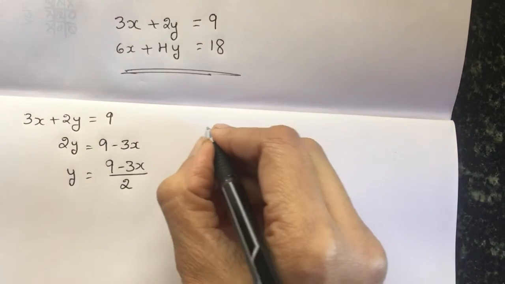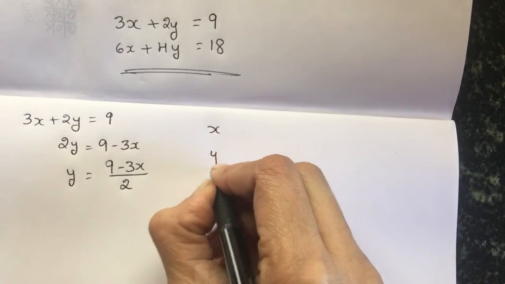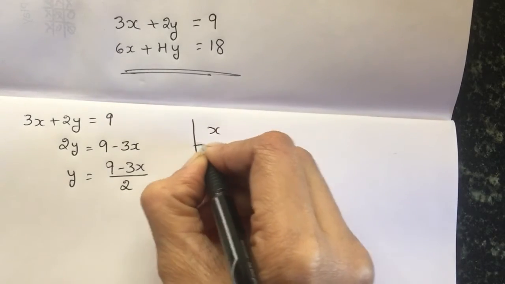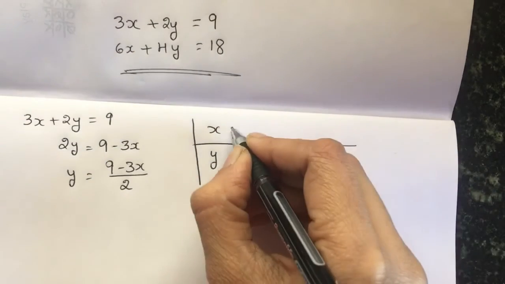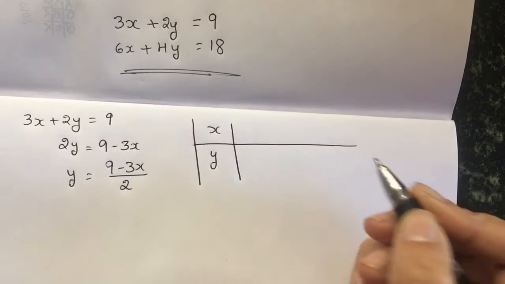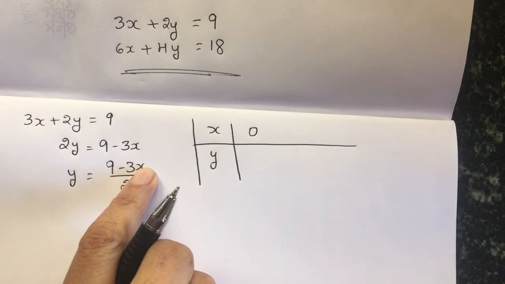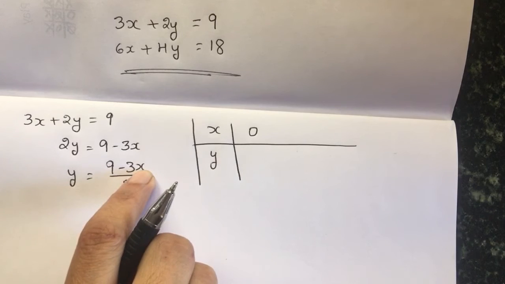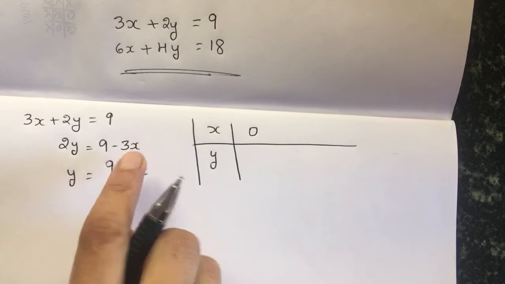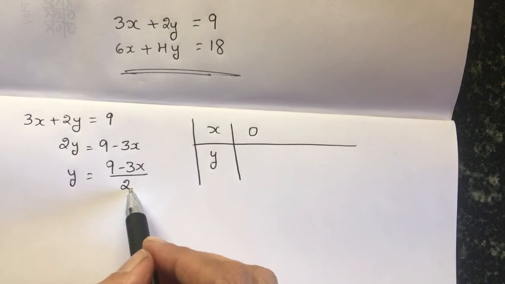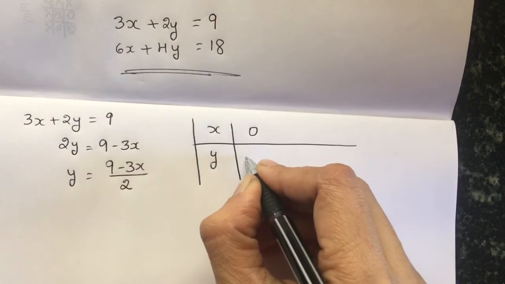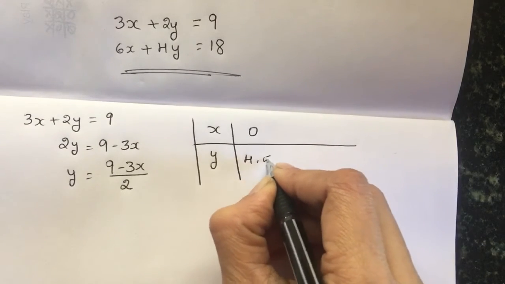Now I'll make the table of x and y values. When x is 0, what happens? 3 into 0 is 0, so it is 9 by 2, which I can write as 4.5.